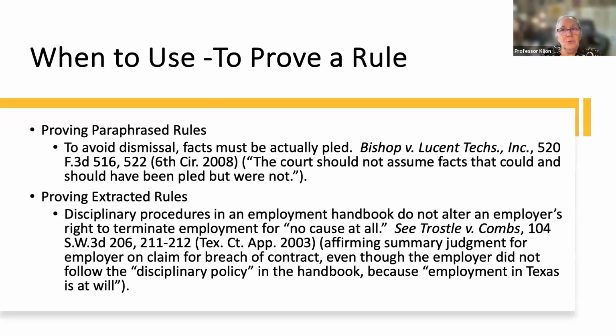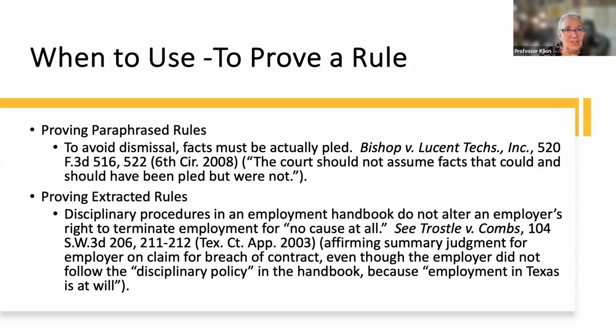So when do you use parentheticals? Well, you use parentheticals to prove a rule. If you provided a paraphrased rule, you could use a parenthetical to prove a rule by providing the quote from the court. You can use a parenthetical to prove an extracted rule, which means that you're going to talk about how you came up with your rule by explaining what happened in the lower case.